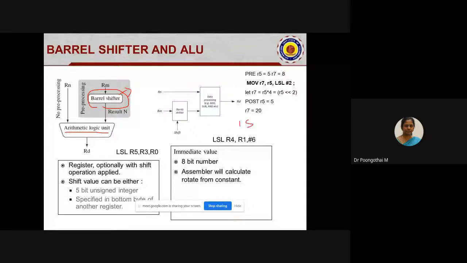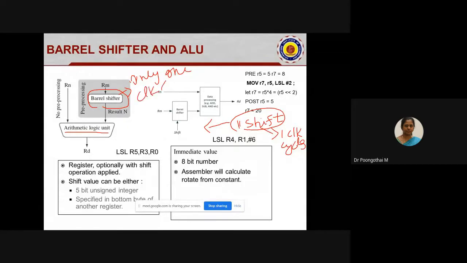Am I audible? Yes, ma'am, your voice is breaking. Okay. See, in a classical shift register, for one shift operation, your shift register takes one clock cycle. But in case of the parallel shifter, irrespective of the number of shifts, it takes only one clock cycle. So that is the significance of the parallel shifter.